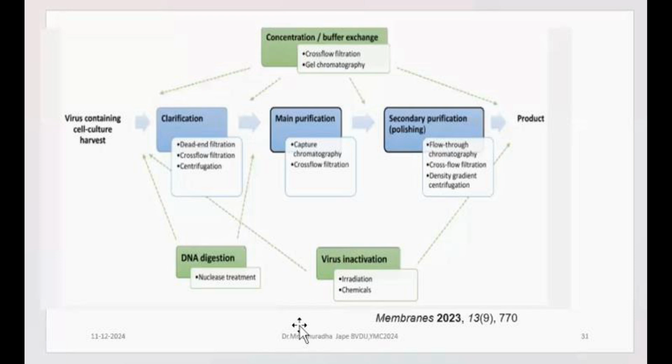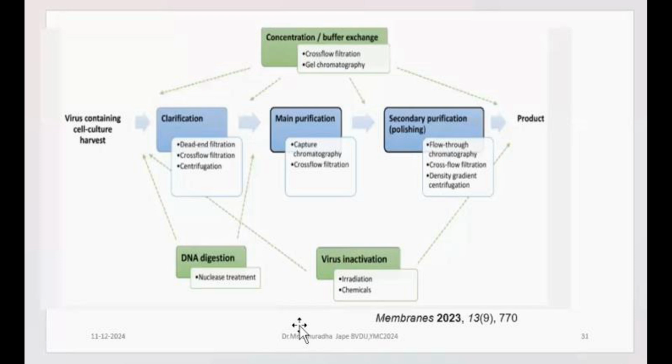So in short, chromatographic methods are explored for purification of viruses that have therapeutic applications, and you can have a combination of different chromatographic principles either in sequence, or, as I said earlier, mixed mode chromatographic columns.